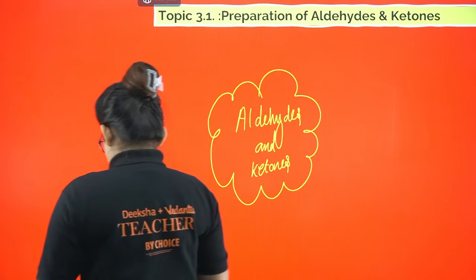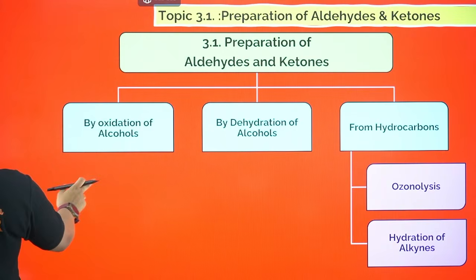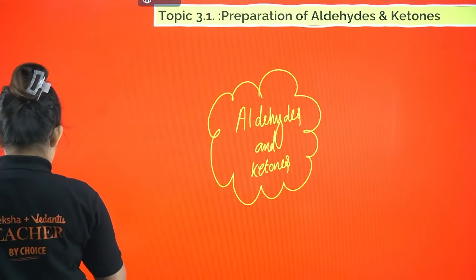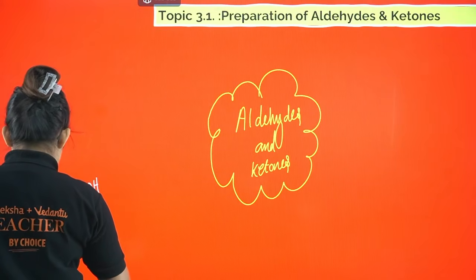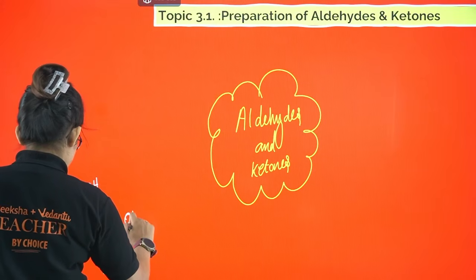Okay, so now let's start from oxidation of alcohol. Let's say I'm having ROH, maybe 1 degree or maybe 2 degree, RCHR, here also OH.